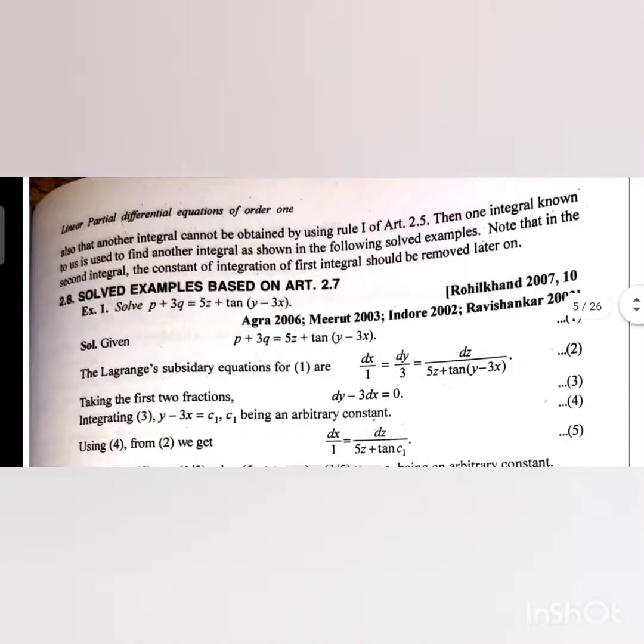What is this? Solve p plus 3q is equal to 5z plus tangent of y minus 3x. This is given to you: p plus 3q is equal to 5z plus tangent of y minus 3x. After seeing the equation, you can easily judge that this is a linear partial differential equation, and it is solved with the help of Lagrange's linear method.